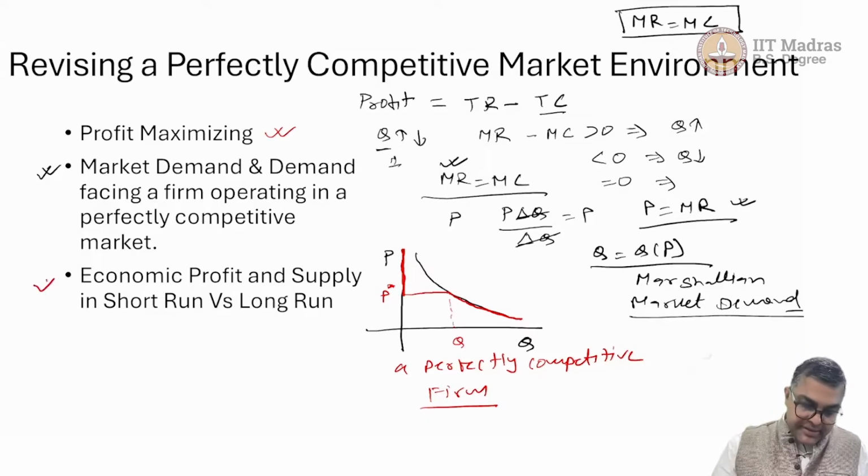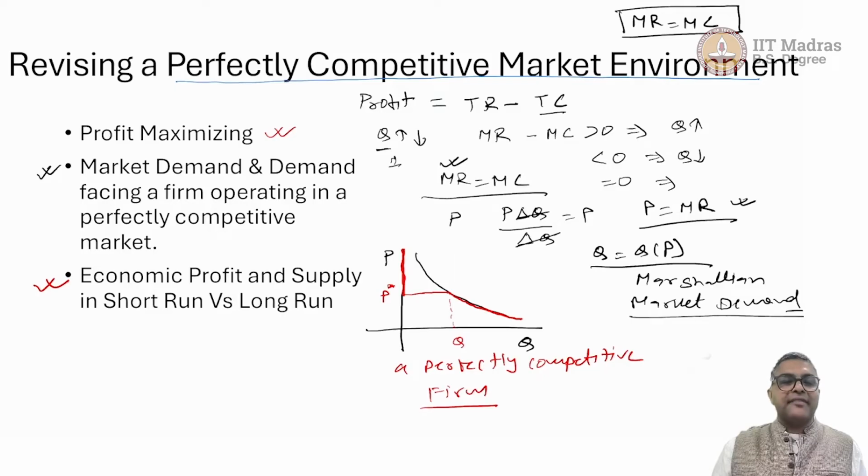Now the next is economic profit and supply in the short run versus the long run. What did we figure out? That in the short run firms can make some profit, but when we talk about this profit, what we mean is economic profit and we do not mean the accounting profit. So it's very much possible that a firm operating in a perfectly competitive market can make positive profit or a loss in the short run.